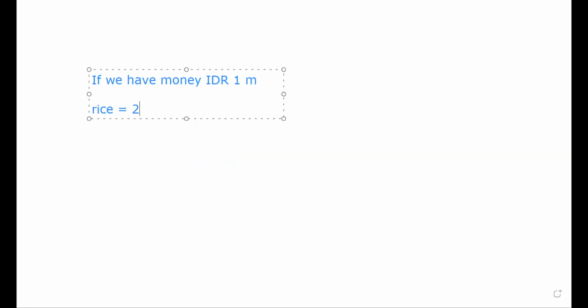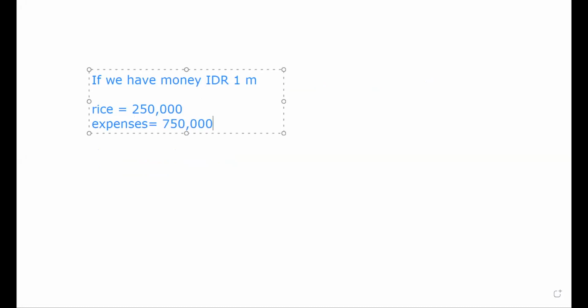For example, we have money here, 1 million rupiah. And then we buy rice, for example, 250,000, and other expenses, for example, 750,000.